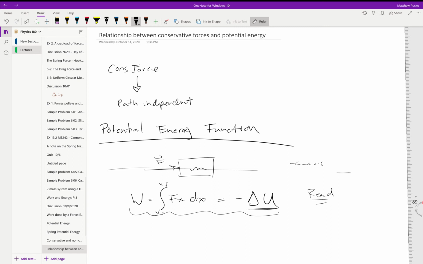Let's make another definition out of this delta U, or change in potential energy. A delta just means final minus initial, so U final minus U initial. And so we can set that equal to this right here. We need to keep the minus sign, so it's equal to minus the integral of F of x dx.